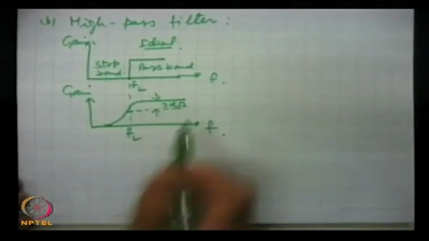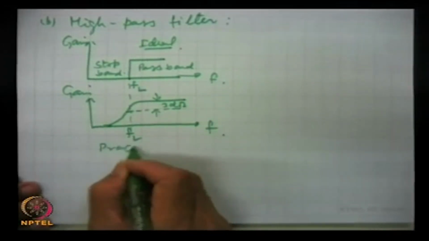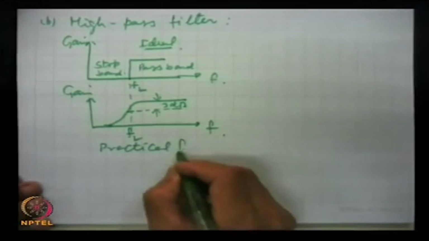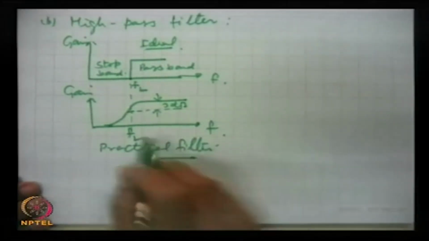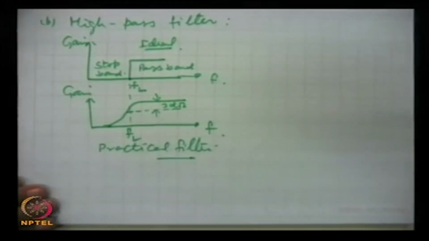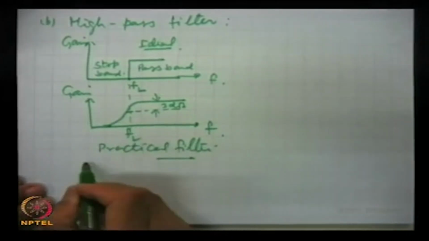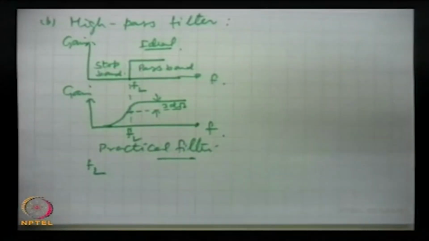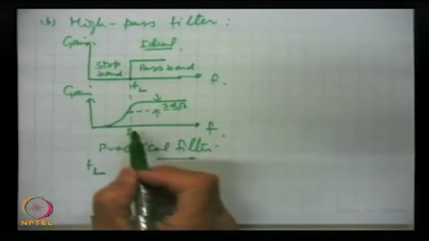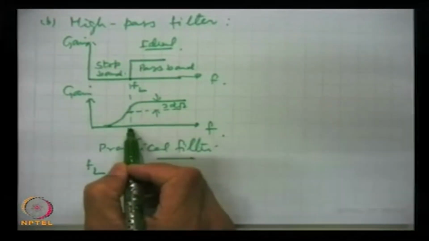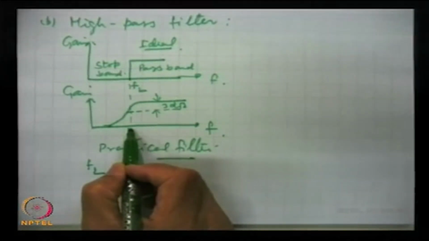So, this is the response of the practical high pass filter. And we will arrive at an expression for this FL, the lowest frequency, and this we can choose, as I said, depending on the circuit components.